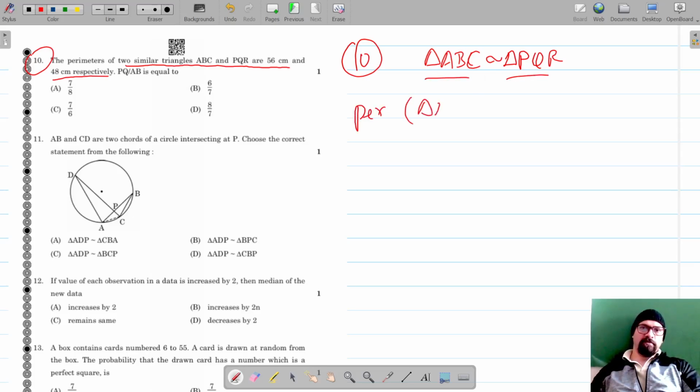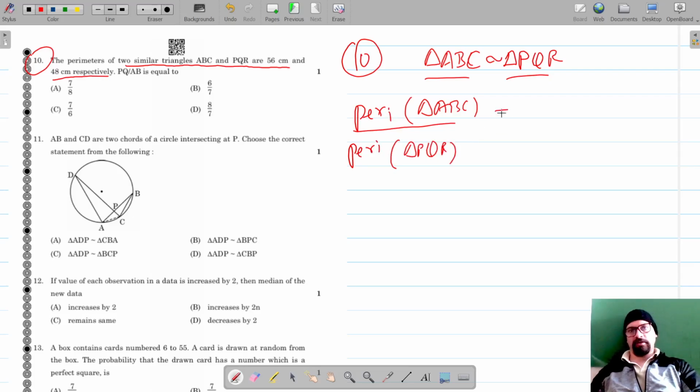That is, perimeter of triangle ABC to perimeter of triangle PQR is equal to AB by PQ.